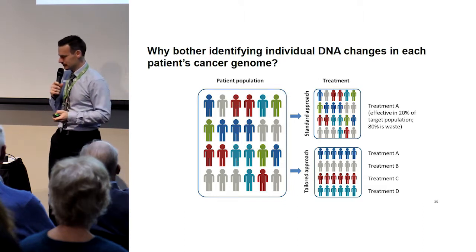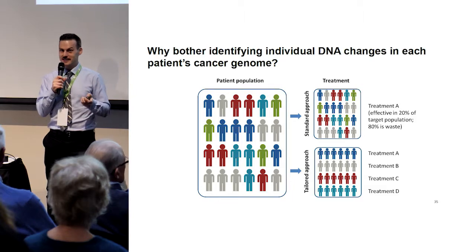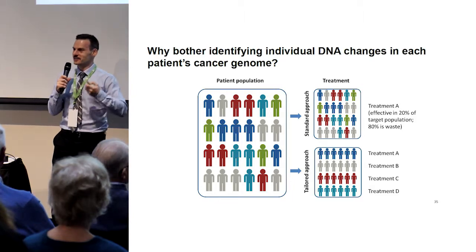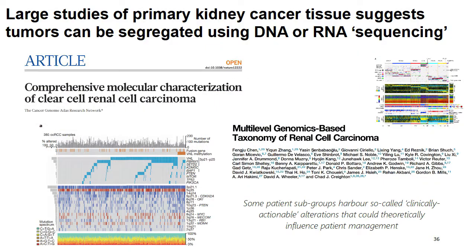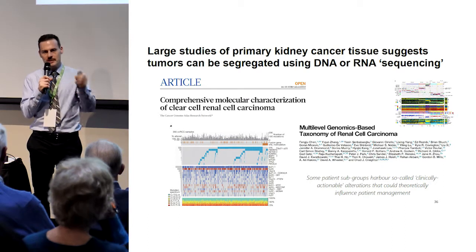I'm going to show you a very complex slide now that's not intended to be understood, but to give an idea of what's going on. Groups all around the world have studied the DNA changes in hundreds of people's cancers.